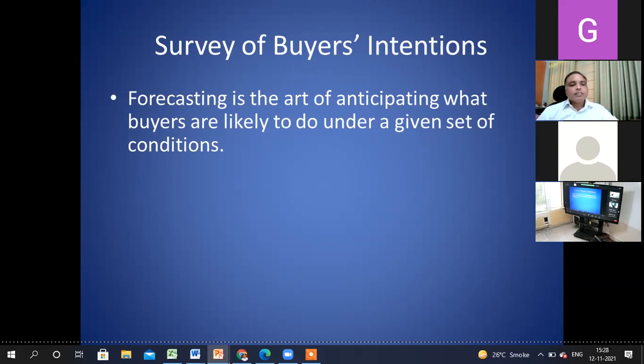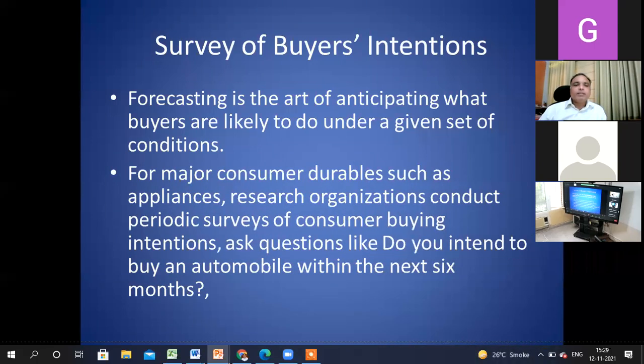Every day you will see Philips come out with an advertisement in the newspaper saying it helps take care of air pollution up to 99%. In the prevailing situation, buyers will have this kind of need, and buyers will behave like this.